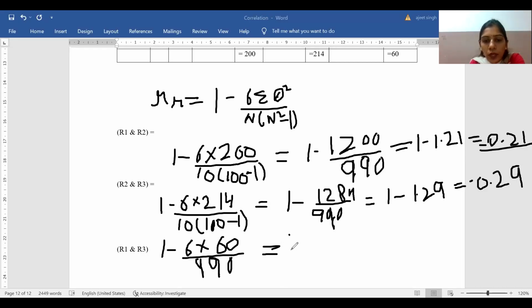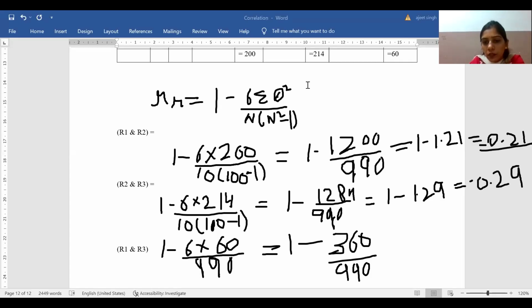Now 1 minus 360 divided by 990. Now let's calculate with the help of calculator. 360 divided by 990 is basically 0.36.